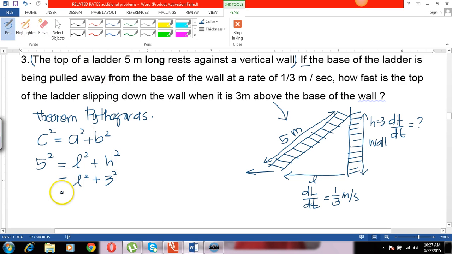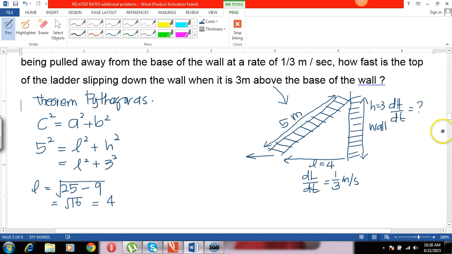Then we can find L: L squared equals 25 minus 9, which is 16, and the square root is 4, right? So L equals 4 from the Pythagoras theorem.